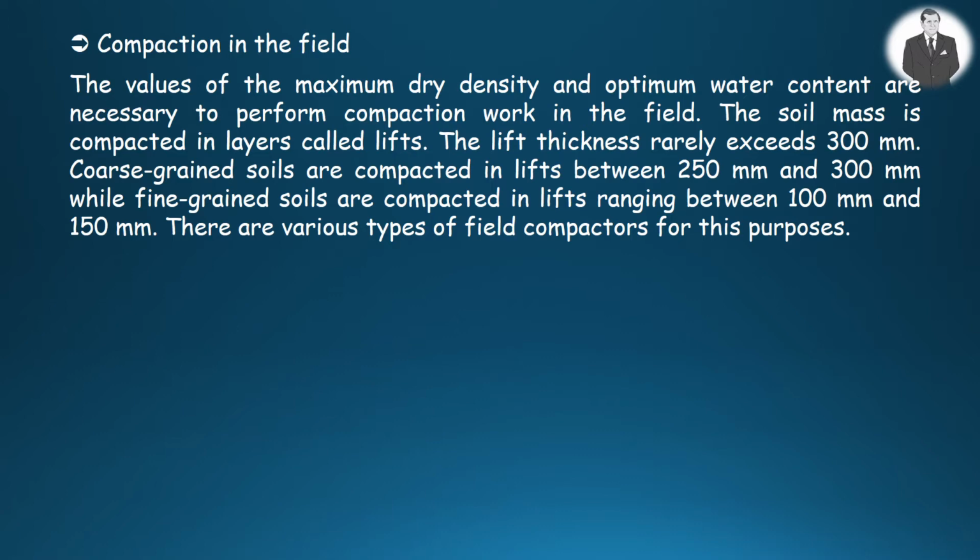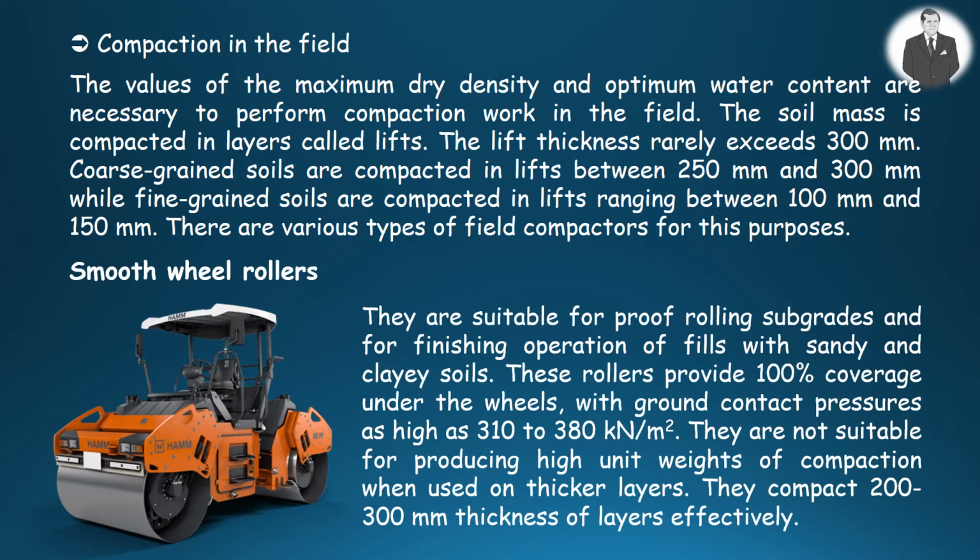There are different types of field compactors for these aims. Let us see what they are. Smooth wheel rollers are one of them. They are suitable for proof rolling subgrades and for finishing operation of fields with sandy and clay soils.